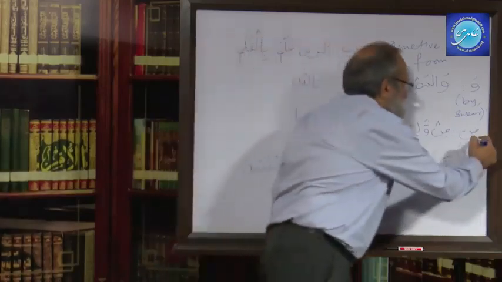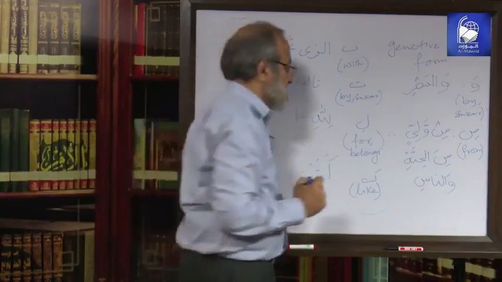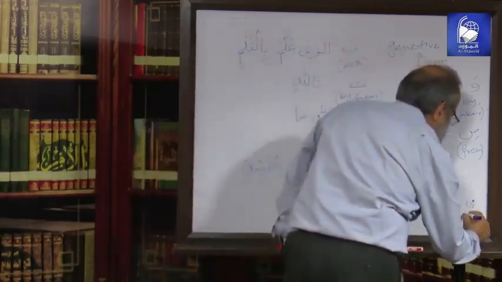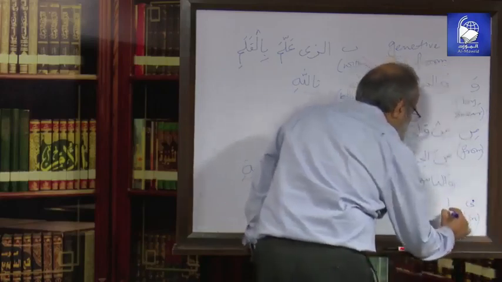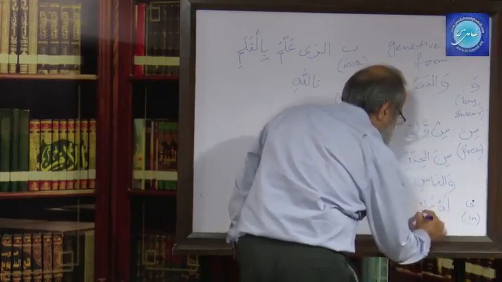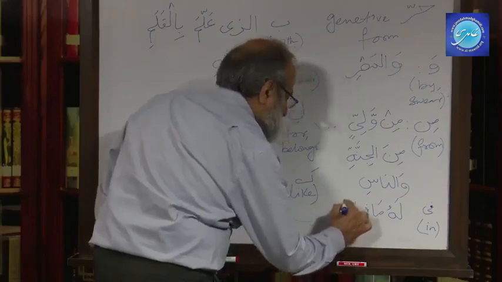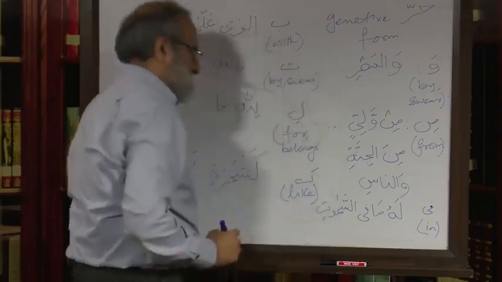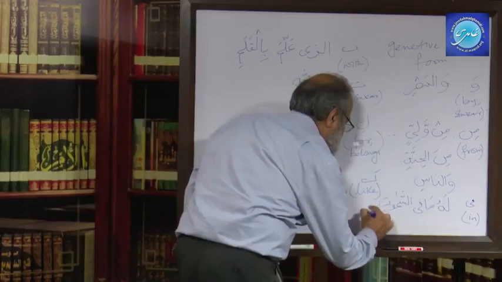From min, we move on to the next one, which is fi. Fi means in. Lahu, for him, is whatever is fis samawat, in the heavens and the earth, samawati wal ard.